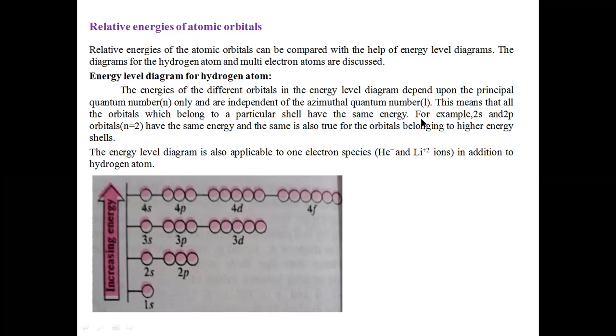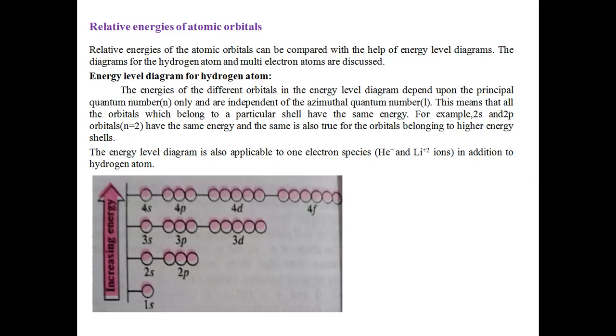For example, 2s and 2p orbitals, having the principal quantum number n equal to 2, have the same energy, and the same is also true for the orbitals belonging to the higher energy shells.